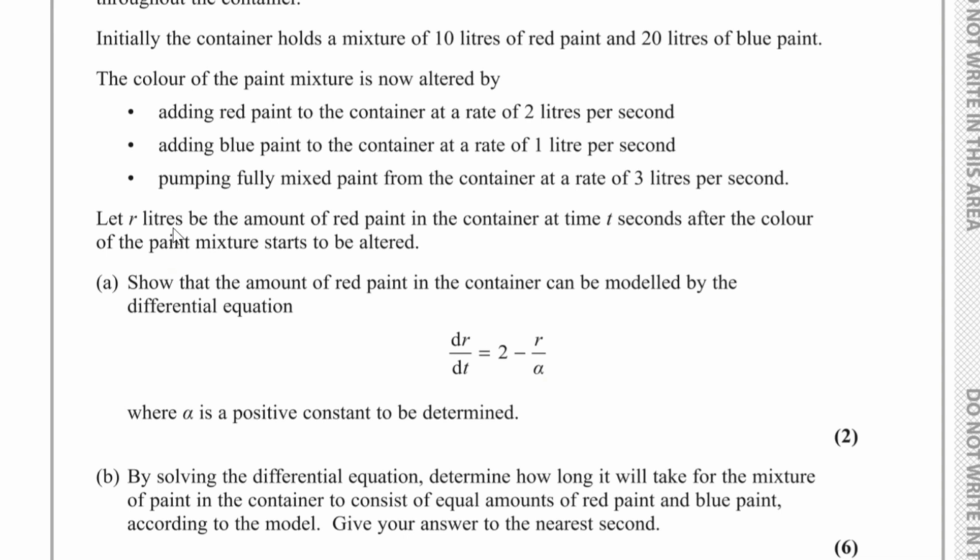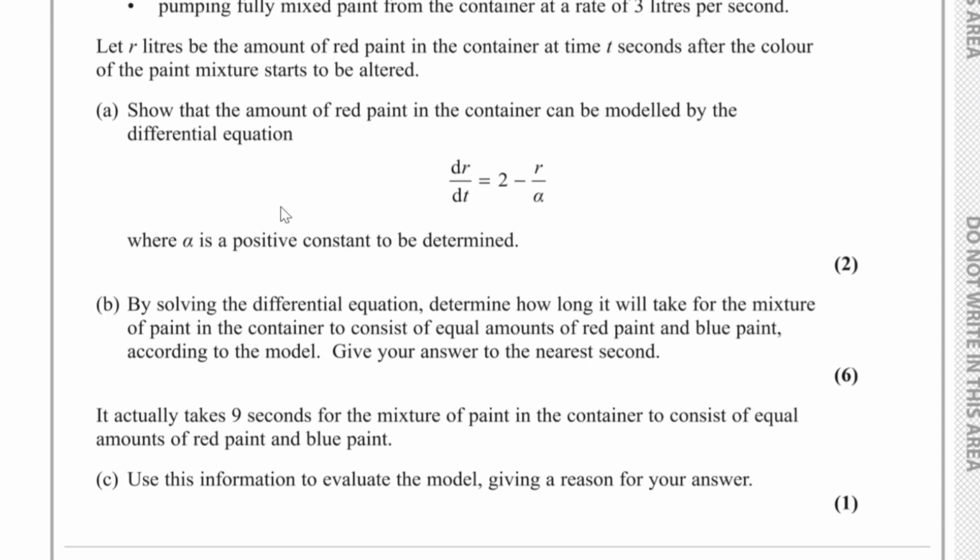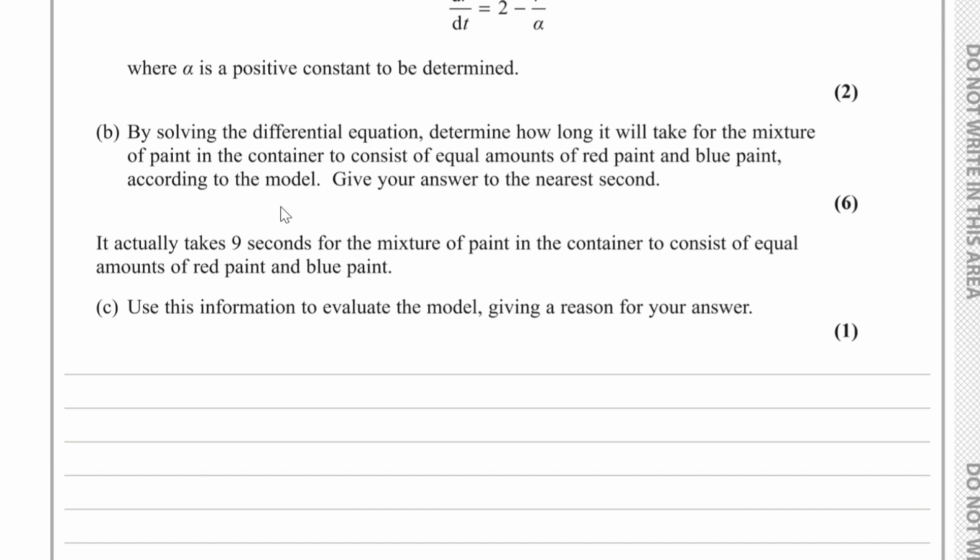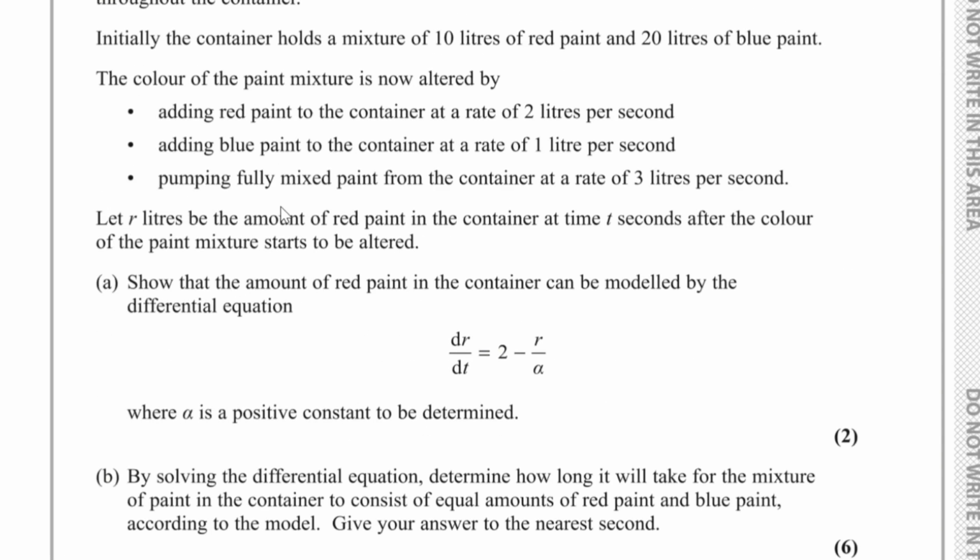We let R litres be the amount of red paint in the container at time t seconds after the colour of the paint mixture starts to be altered. For part A, we have to show that the amount of red paint in the container can be modelled by the differential equation dR over dt equals 2 minus R over alpha, where alpha is a positive constant to be determined. How much paint do we have in total?